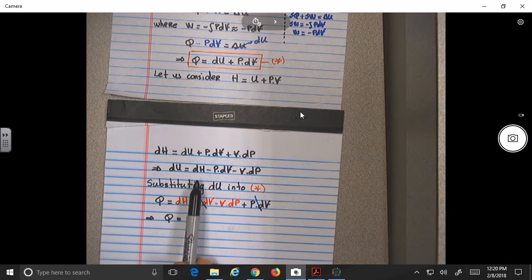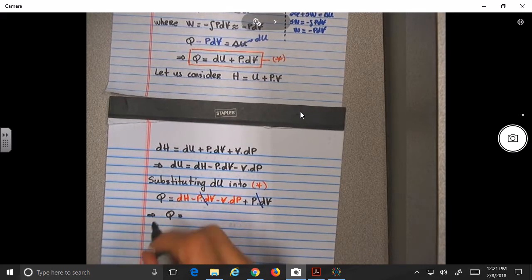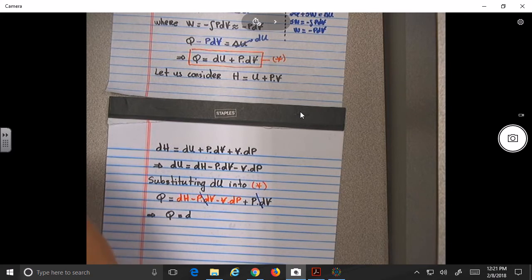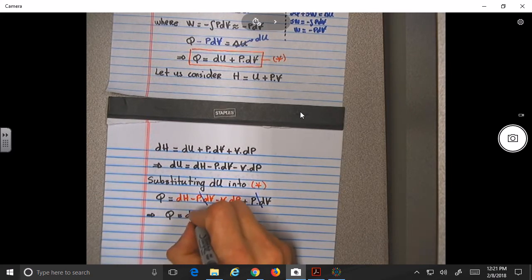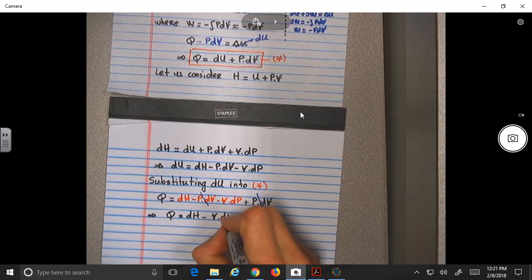Oh, yes. Okay, so dU equals dH minus V dP.